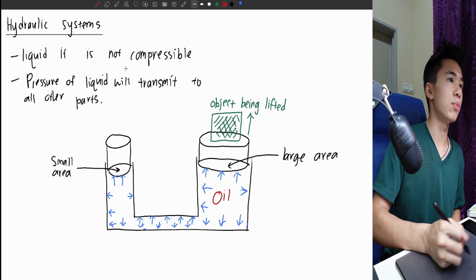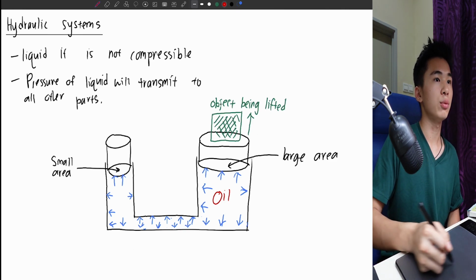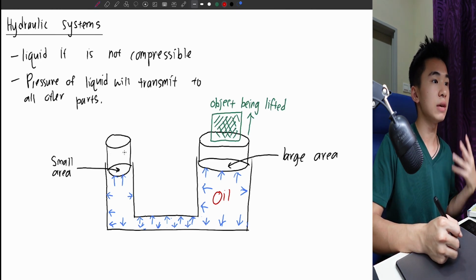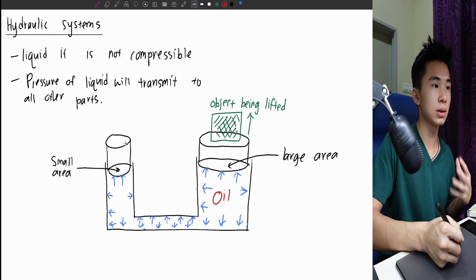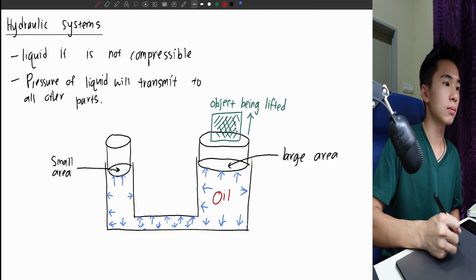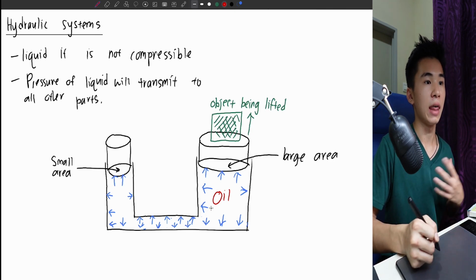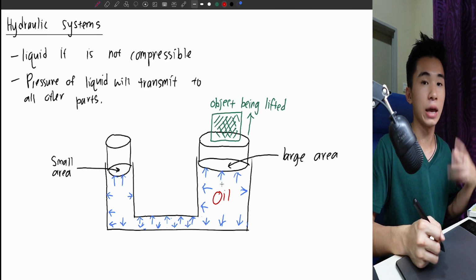So this is very important, and as you can see here, we have a simple hydraulic jack diagram. Since if you apply pressure to a trapped liquid, this liquid will exert pressure to all other parts, that is why we can use it in a hydraulic jack.